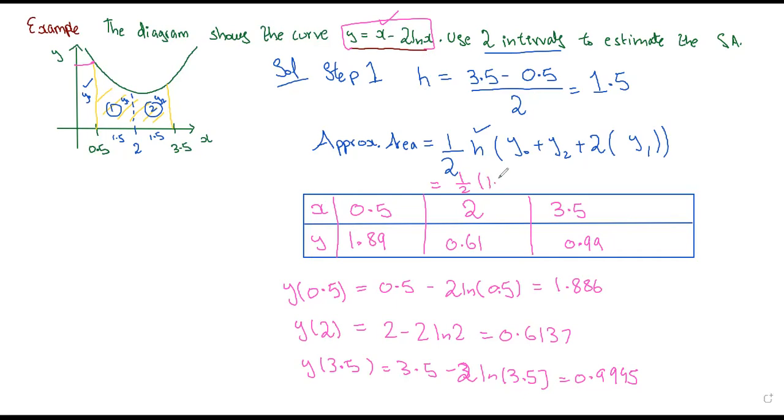Very good. So what is y naught? Y naught is 1.89. Very good. What is y2? 0.61.